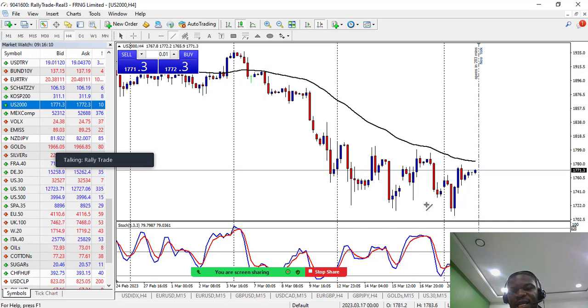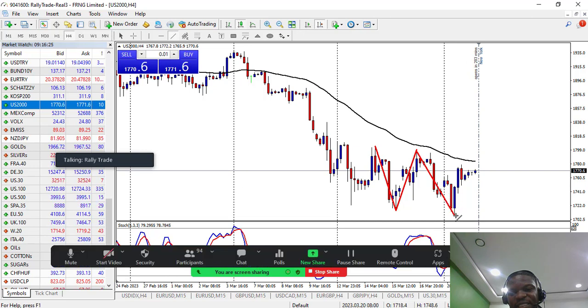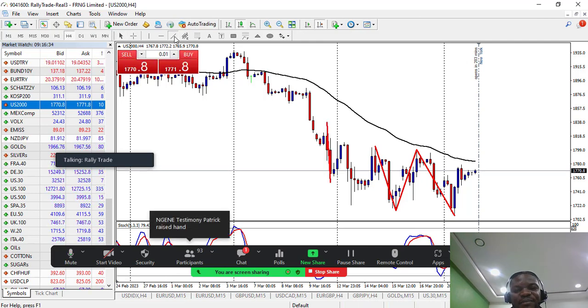Let me draw it clearly so that you can see, because you need to draw something like this on your chart so that you understand what the higher time frame is doing. This structure I just drew is a downward trend on the H4 time frame.